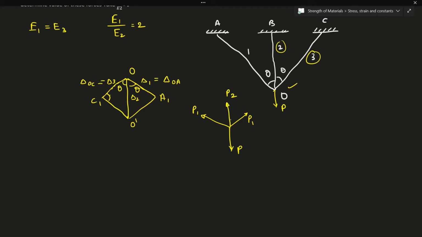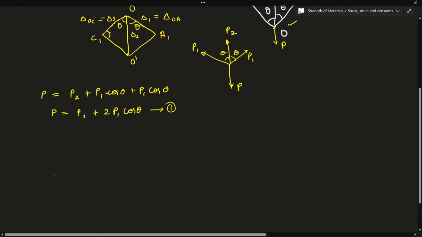Now if I write the free body diagram, they have also given these two angles as theta and theta. Now if I apply static equilibrium for this, I'll have P is equal to P2 plus P1 cos theta plus P1 cos theta, which is nothing but P2 plus 2 P1 cos theta. Now I'll call this equation number 1.